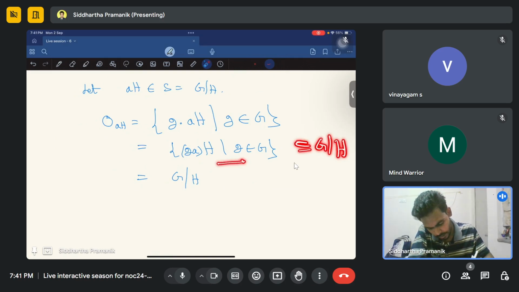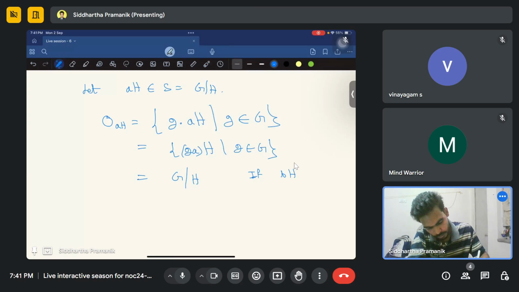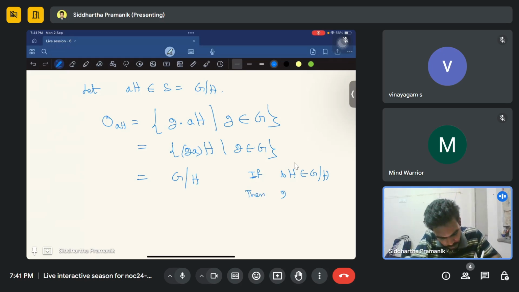But it contains all left cosets. So why does it contain all left cosets? Let's say bH belongs to G mod H. Then if we take g equal to b a inverse, this will imply g times aH is in the orbit. But what is this element?